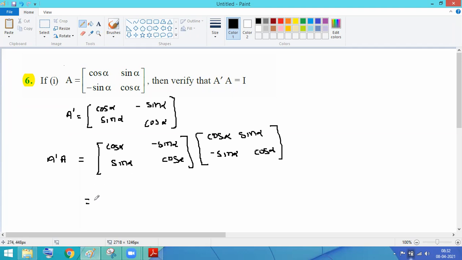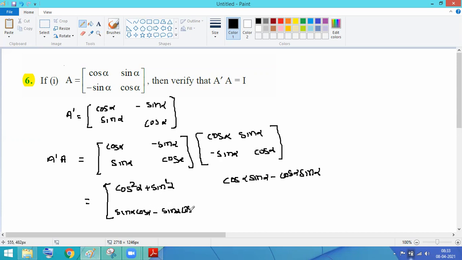Now if you multiply this, first row first column: cos alpha into cos alpha, cos square alpha, plus sin square alpha. First row second column: cos alpha sin alpha minus cos alpha sin alpha. Second row first column: sin alpha cos alpha minus sin alpha cos alpha.